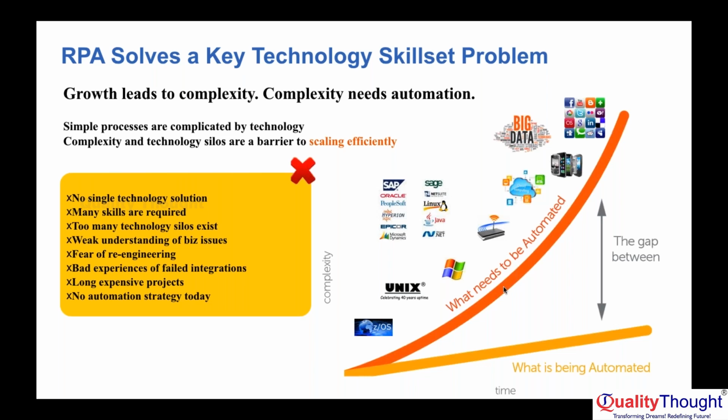So what needs to be automated is growing at an exponential scale, whereas what we are currently automating is at a very low scale. This gap in between is the opportunity that we have to make the most of, because once we are good with current automation technologies, the new ones that are coming in will be very easy for us to understand and implement.